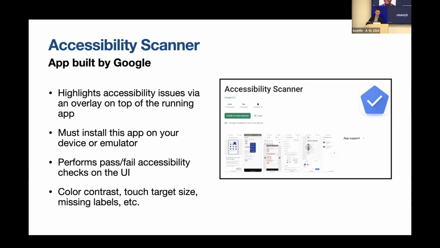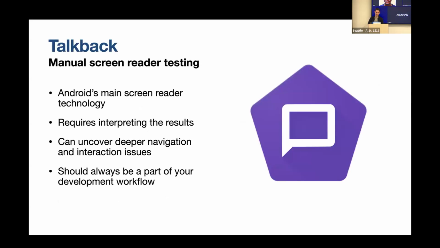However, it provides a bit of a surface level view of what kind of accessibility issues you might have. There's many that it won't catch, for example, around the navigation structure of your accessibility hierarchy. So the next tool that I would recommend is using TalkBack itself, which is Android's main screen reader.